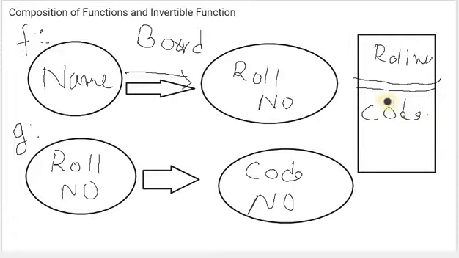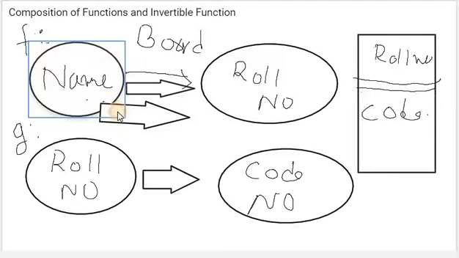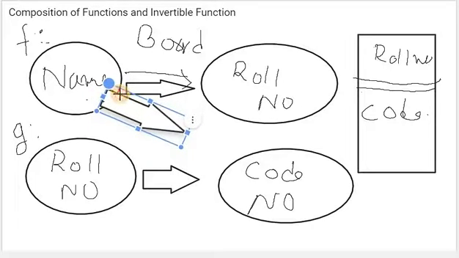Now, your name is mapped to the roll number, which is mapped to the code number. So basically, you are mapped to a code number. So you have a map from roll number to code number.